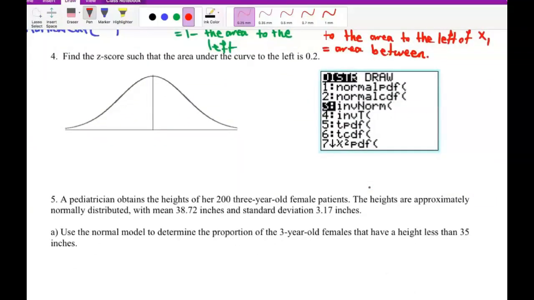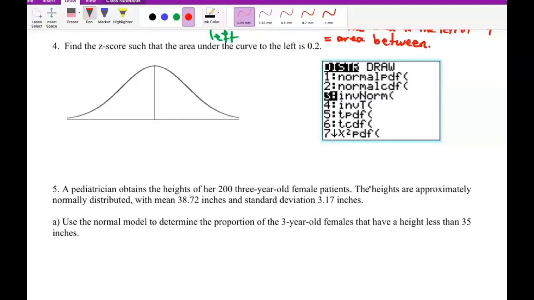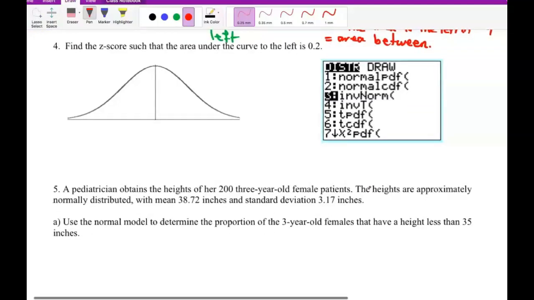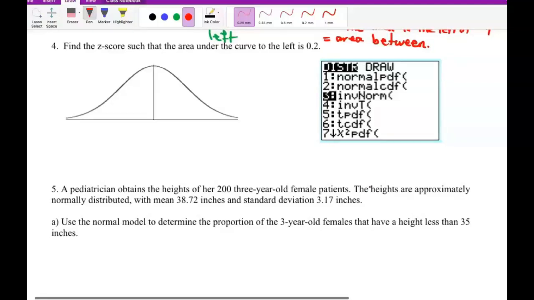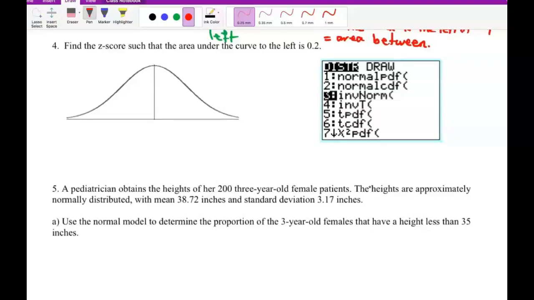Okay. Now, number four. Number four, we need to find z such that the area under the curve to the left is 0.2. Okay, so on this part we have area, and we need to find z score. So find z score, and the area is 0.2 or 20%.